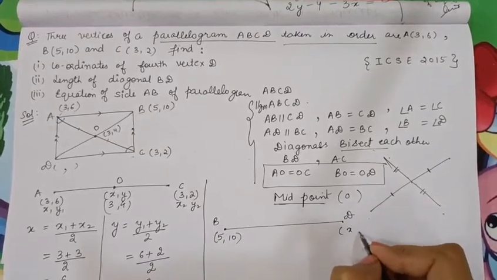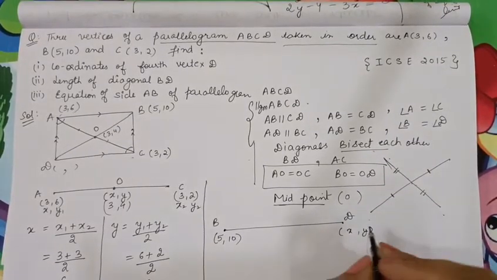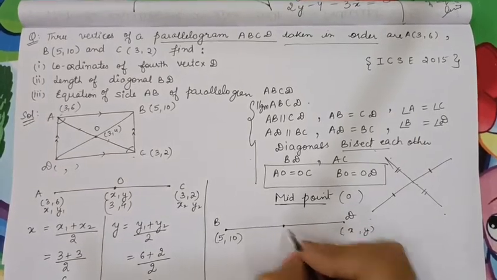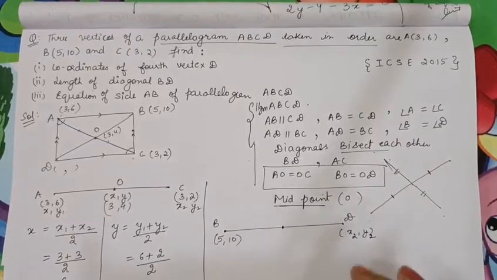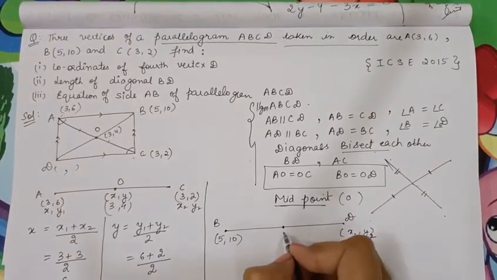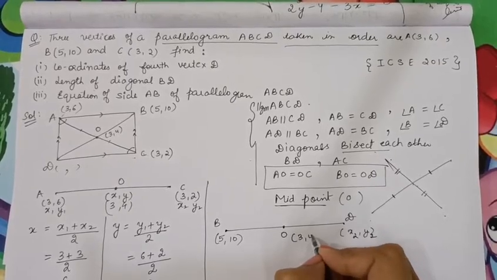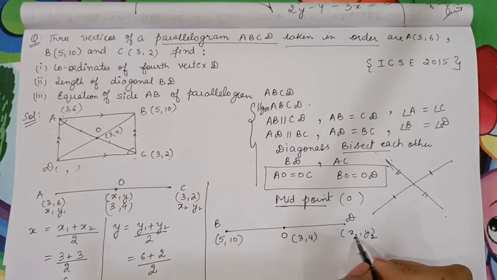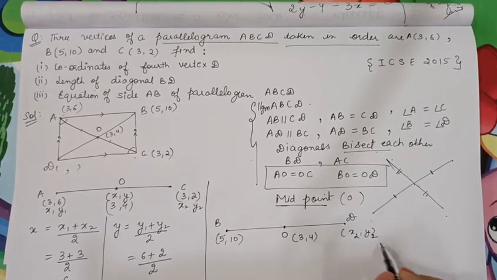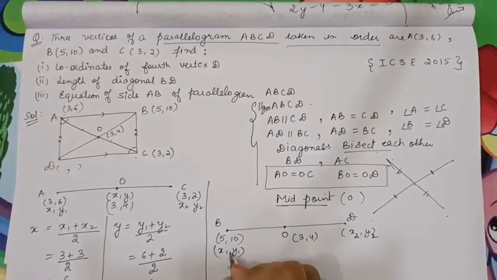These coordinates we don't know, so we can write it as (X2, Y2), because this is the midpoint whose coordinates we know, (3, 4). Because I am using the midpoint formula, I have taken these coordinates as X2, Y2. So B's coordinates are X1, Y1.